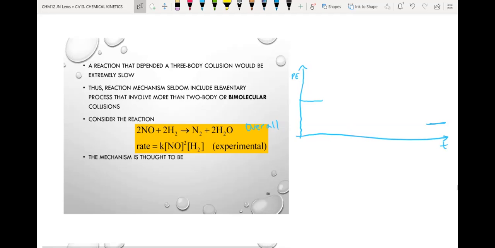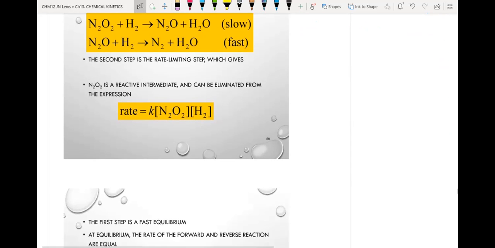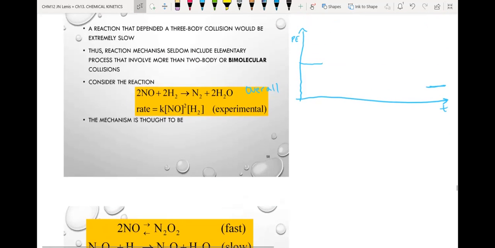So let's draw an exothermic potential energy diagram. Let's say this is running, how many steps here? I think I have the steps for this. 1, 2, 3 steps. This reaction actually goes through 3 steps according to the mechanism.